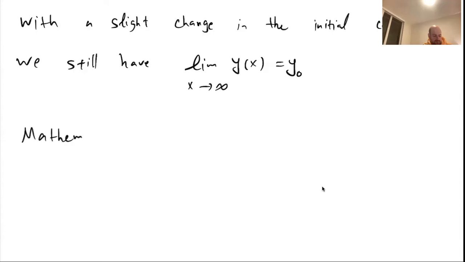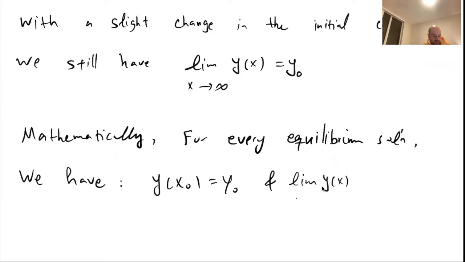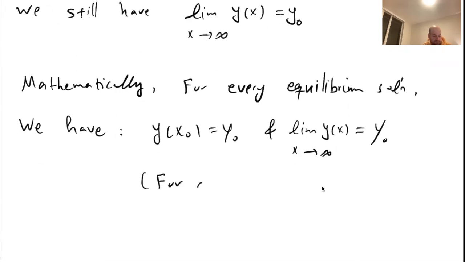Now let me describe this mathematically. For every equilibrium solution, we have y of x0 equals y0, and the limit of y of x as x goes to infinity equals y0, for a fixed x0.